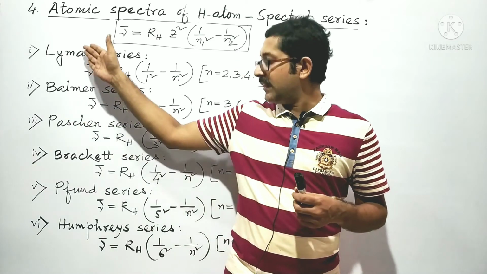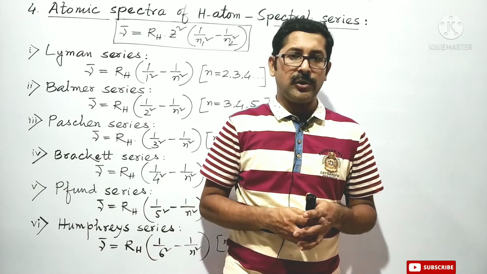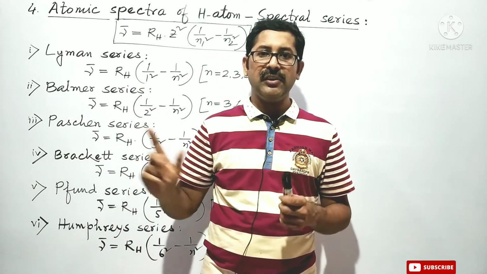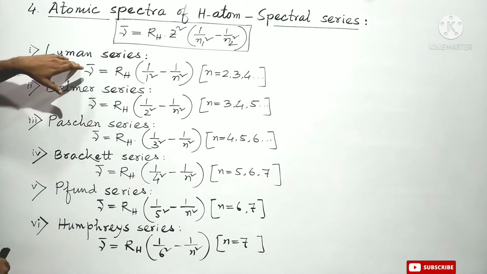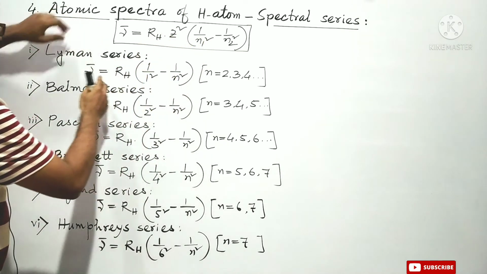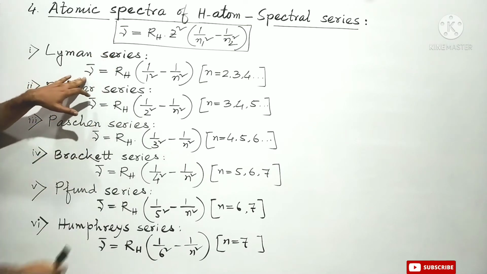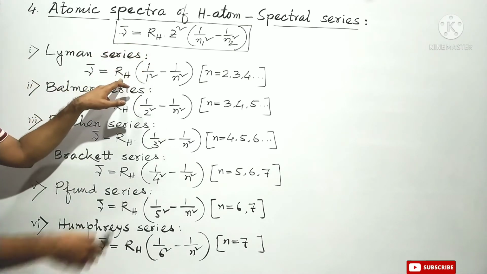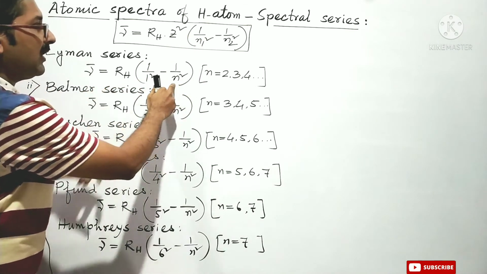These are the 6 spectral series found in the spectrum of hydrogen atom. We will discuss about this series one by one. First one is the Lyman series. I have written the Rydberg equation over there. For the Lyman series of lines, the wave number nu bar is equal to RH, the Rydberg constant, into 1 by 1 square minus 1 by n square.